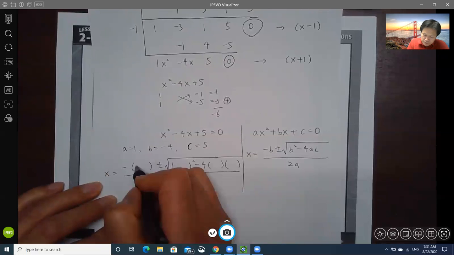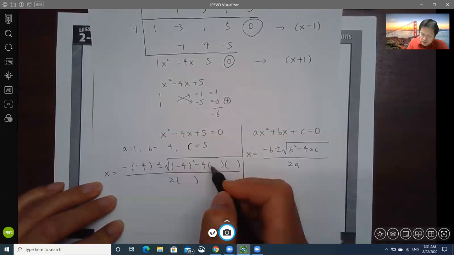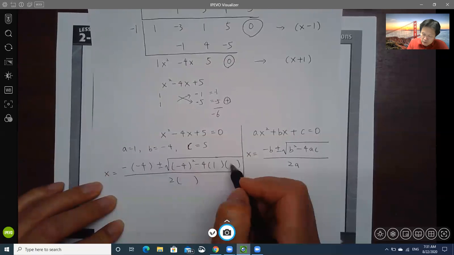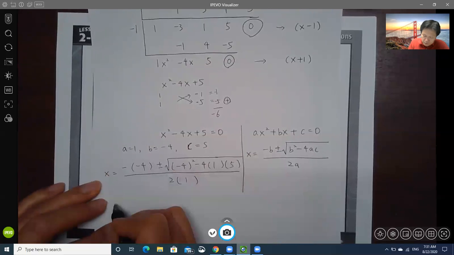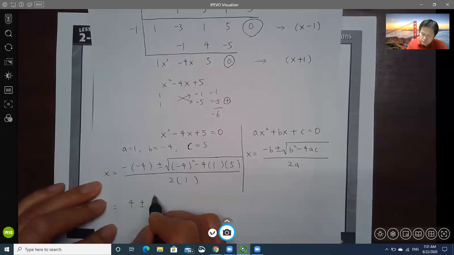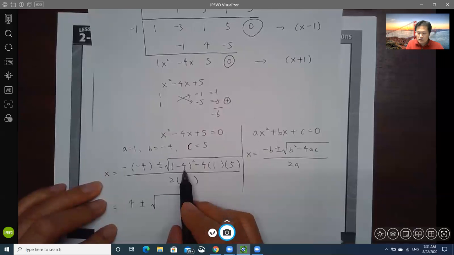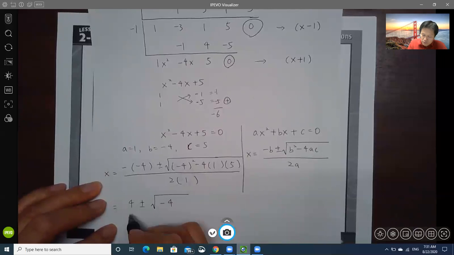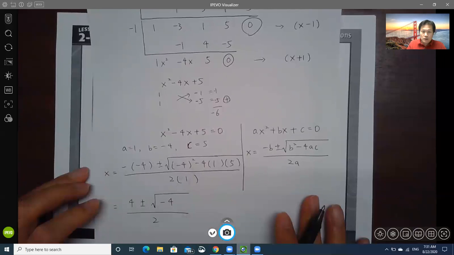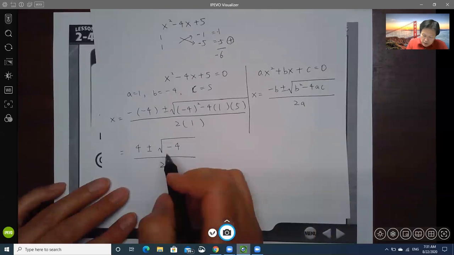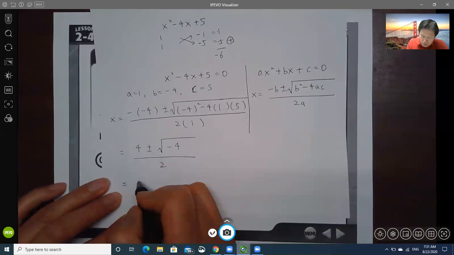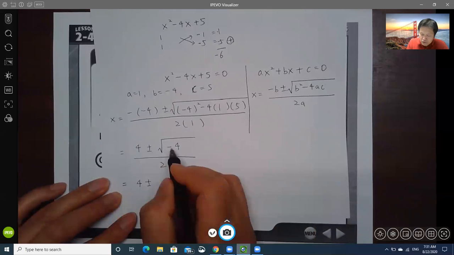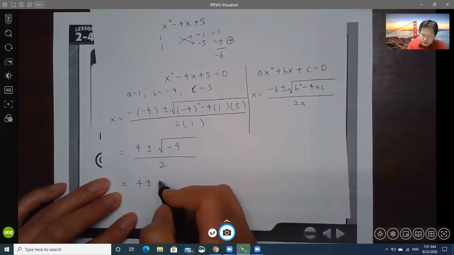x equal to minus b plus or minus the square root of b squared minus 4ac all over 2a. Double minus is positive. 16 minus 20, that's minus 4. So that is the same as 4 plus or minus the square root of minus 4, which is i times the square root of 4.